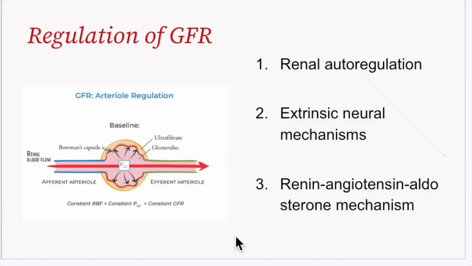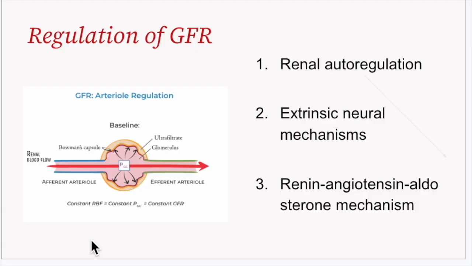There's three ways of regulating the glomerular filtration rate. First, there's renal autoregulation, which is looking at the degree of stretch of the vessel that brings blood into the glomerulus, the afferent arteriole. And there are tubuloglomerular feedback mechanisms.